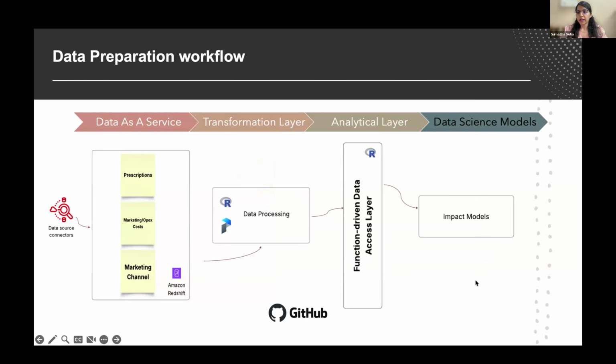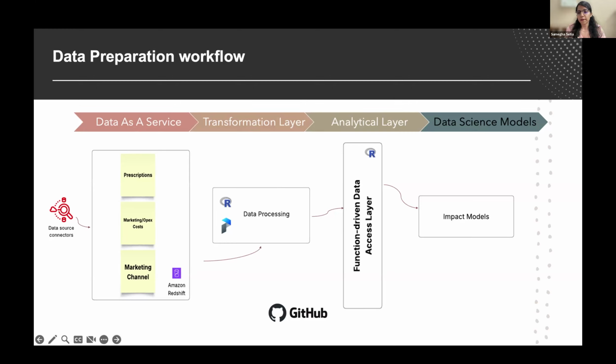So this is basically the data prep workflow that we have, like how we are integrating different data sources. Firstly, we have different data sources, and different data source connectors that help us integrate them. Then for data as a service, we have the complete data warehouse and database system, where we have data related to prescriptions, marketing cost or OPEX cost, and marketing channel.